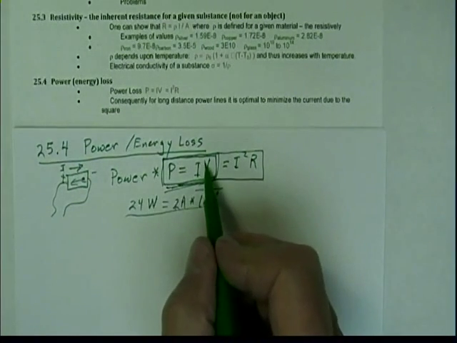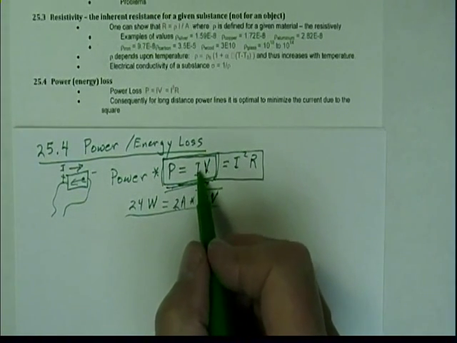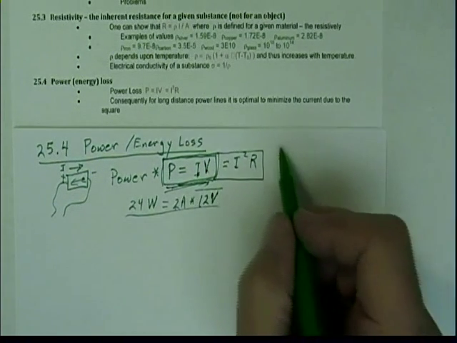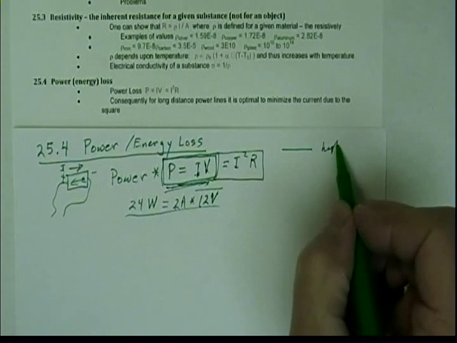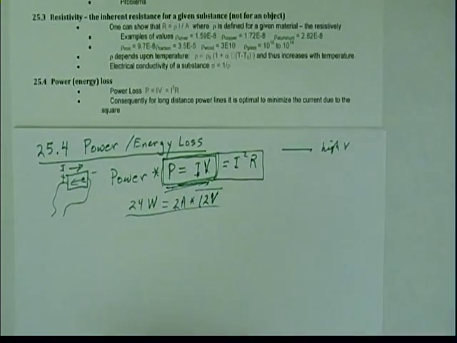If I use a higher and higher voltage, it means that I don't have as much current flowing, so I could use a smaller wire. So I could use a little tiny wire if I have a high voltage, because I have very little current flowing in there. And so therefore, I'm not going to get as much heating effect.